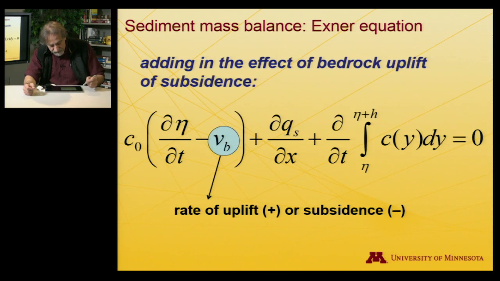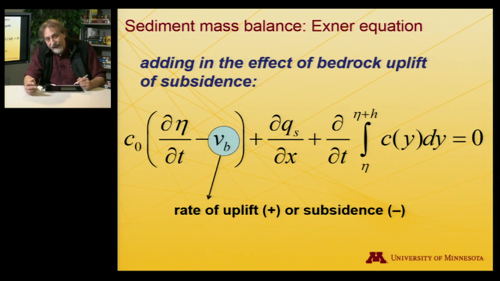So the last thing I want to do in this segment of class is to return to the diagram that we started with, and remember that as geologists we're also interested in cases where the bedrock can rise and fall. This would be vertical motion of bedrock due to tectonic effects, and we would typically refer to these as uplift or subsidence. And luckily, we don't have to modify our Exner equation very much at all to include this effect.